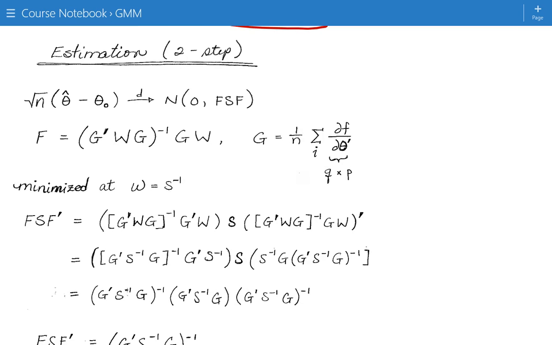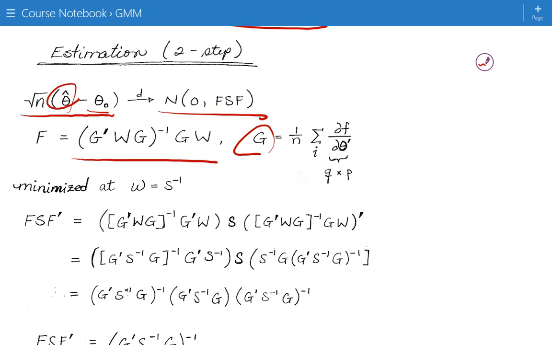So the square root of n times theta hat, our estimator, minus the true value, converges in distribution to a normal with mean 0 and variance FSF transpose. F is this big matrix here, where again G is 1 over n times the summation of the derivatives of f with respect to theta. This is a Q by P matrix.